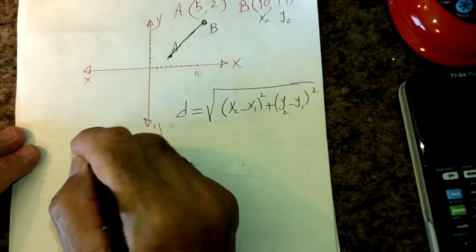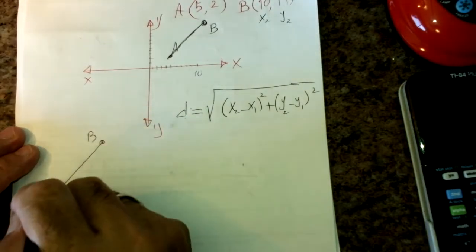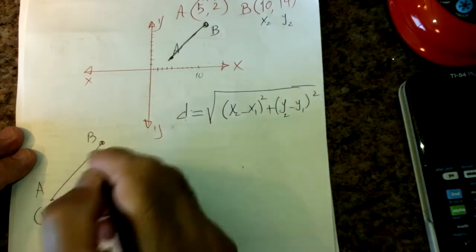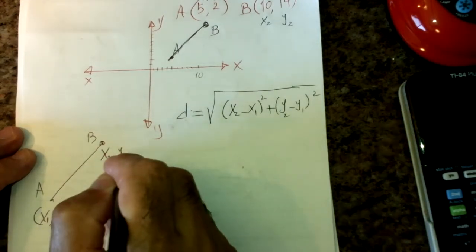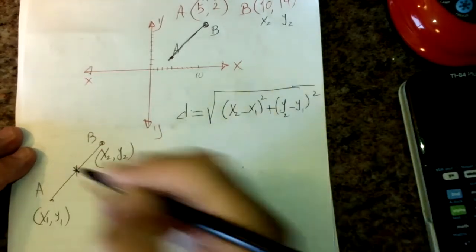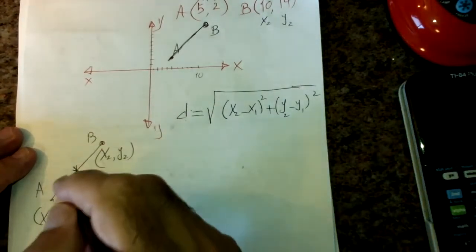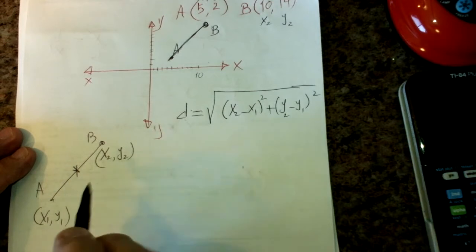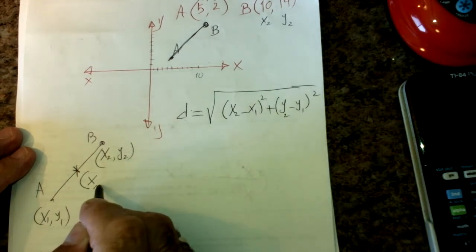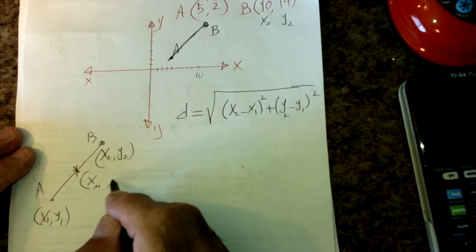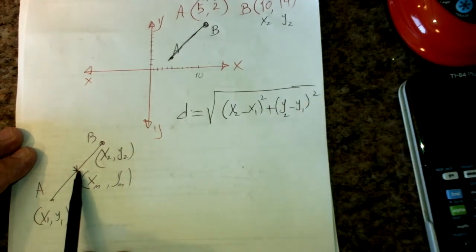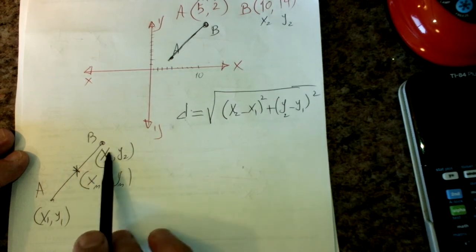And also, if we ask you to find the point exactly in the middle, the coordinates of this point, the x of this point is x of m, or middle, and y of middle. To find the coordinates of this point in the middle, you have to take the average.